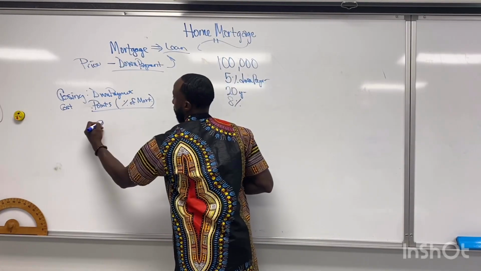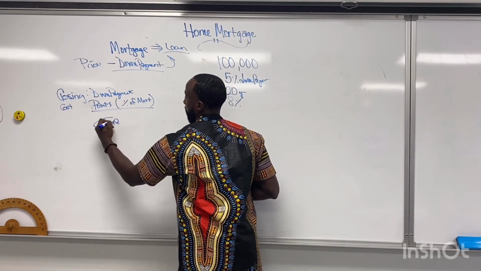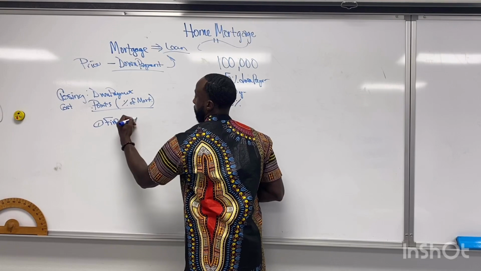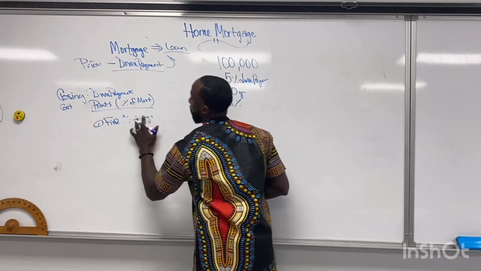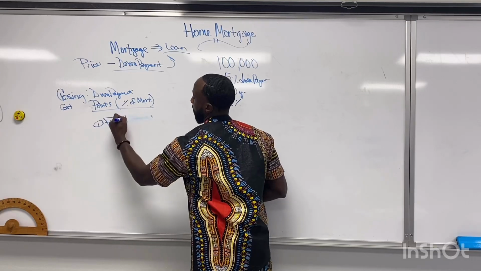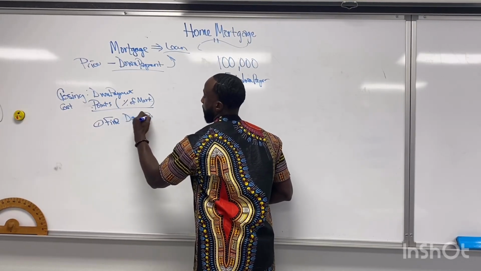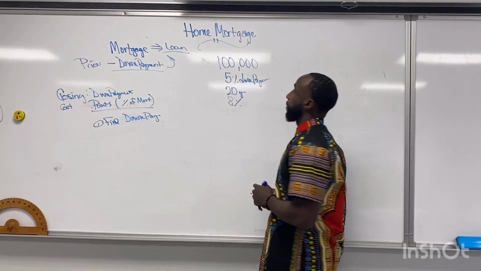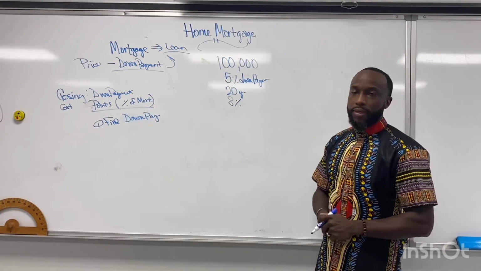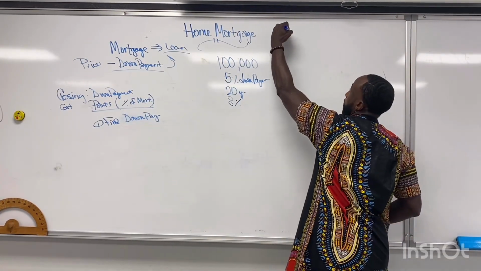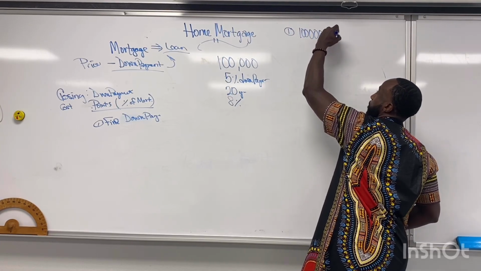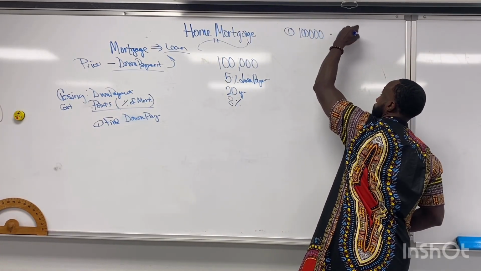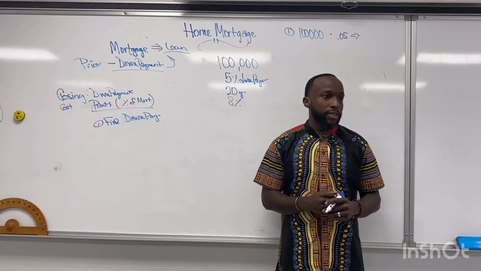Number one, find the mortgage. Well, now, number one is not going to be find the mortgage. Number one is going to be find the down payment value. How much is the down payment? So they said 5% down payment. That means it's going to be 100,000 times 5%.